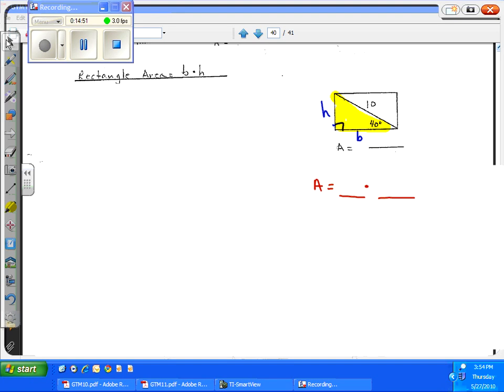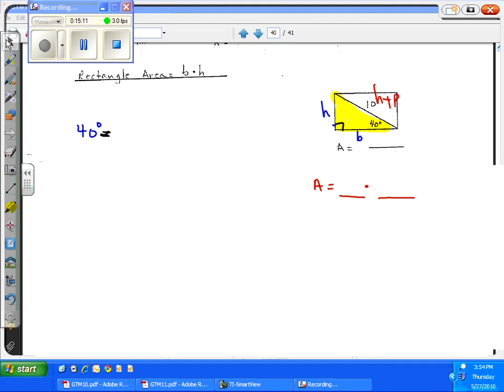We know the hypotenuse, and we've got a 40-degree angle. We're going to have to use a trigonometric ratio. So we write down the angle, which is 40 degrees. We look at the sides, see how they're related to the angle. Now the side we know is the hypotenuse.